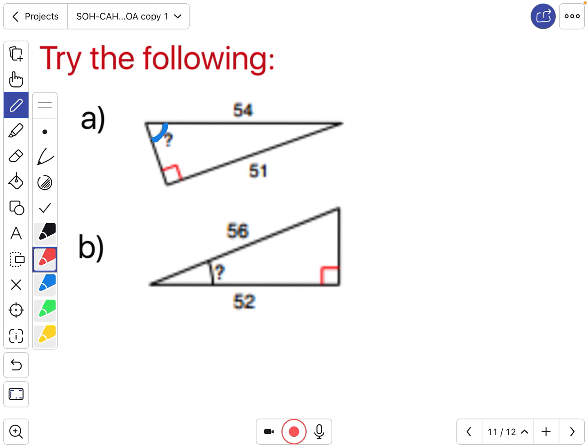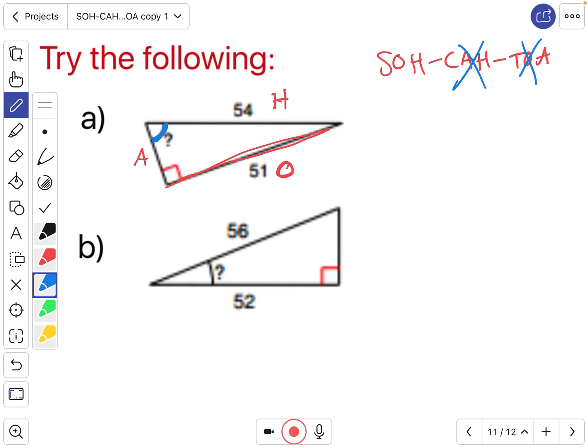For the first one, my angle is here in the upper left-hand corner. In relationship to that angle, the hypotenuse would be the 54. The 51, which is the farthest away, is going to be your O, opposite. Notice the adjacent has nothing on it. So in my trig equation, I'm not going to need anything with A in it because the adjacent side is all blank.